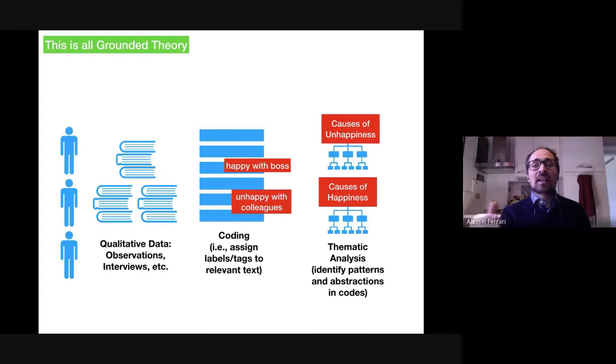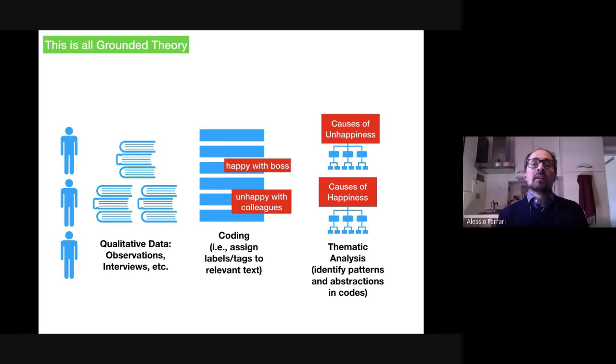After this activity, I can understand also that these people are speaking about certain causes for happiness and unhappiness in their working environment, and so I can create a sort of structure of the themes that have emerged throughout the interviews. So coding and relating codes and themes to one another is called thematic analysis, which means identifying patterns and abstractions in the codes.